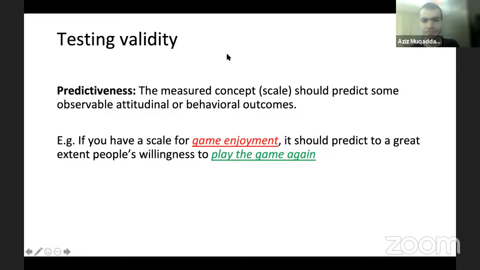For instance, if we're measuring student satisfaction with remote learning, would that predict their willingness to stay with USD for next semester? If you're satisfied with the experience so far, that should predict you staying, right?